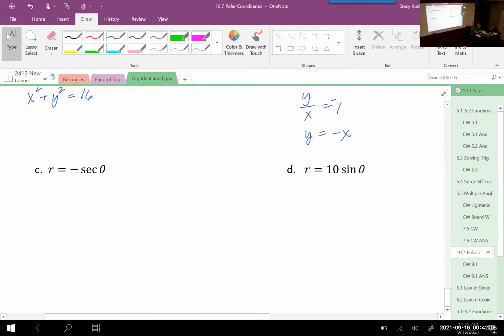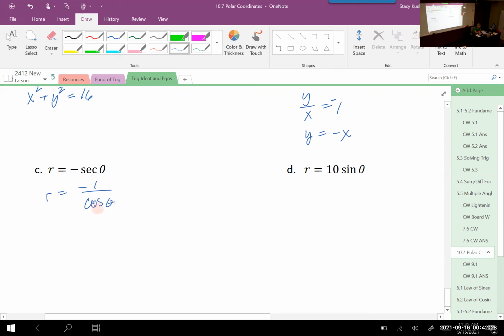Let's look at this one right here. r is equal to -secant theta. I don't have a substitution for secant, but I do for cosine. So let's rewrite it as r is equal to -1 over cosine theta.